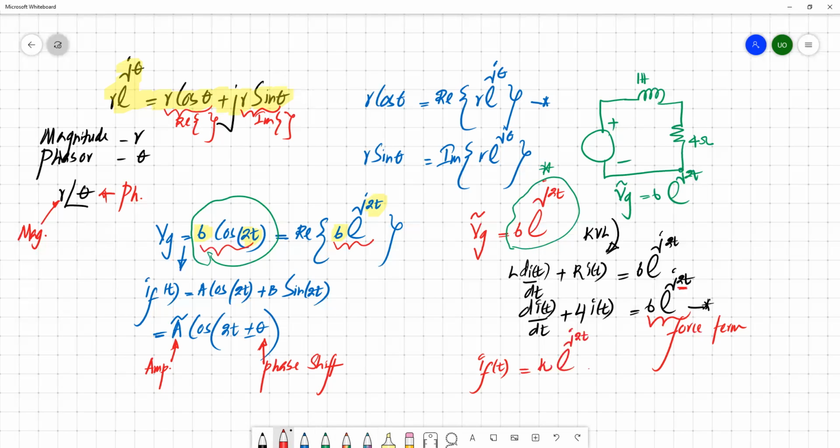So this is the trial solution for the case when you have an exponential function on the right hand side of the differential equation.